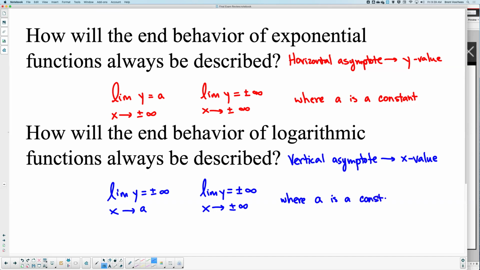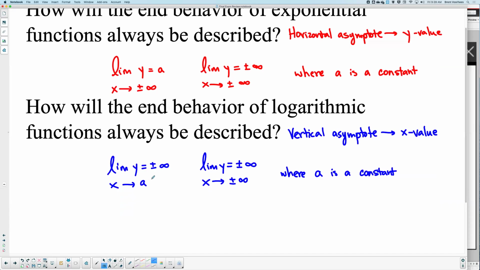The one thing that's different on limits is that if you're talking about the x value, you always have to do a plus or a minus. So up here, I'm just going to do a little plus or minus right up there. You're either going to have a plus or a minus on that constant, meaning left side or the right side of the break. Logarithms is typically a plus.